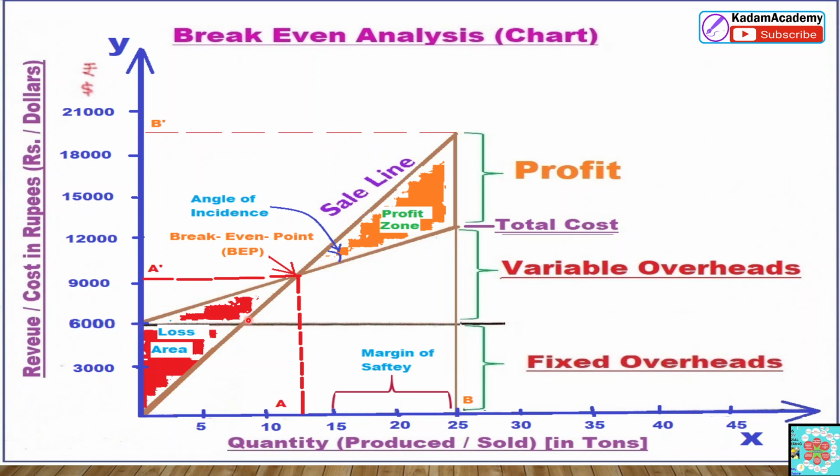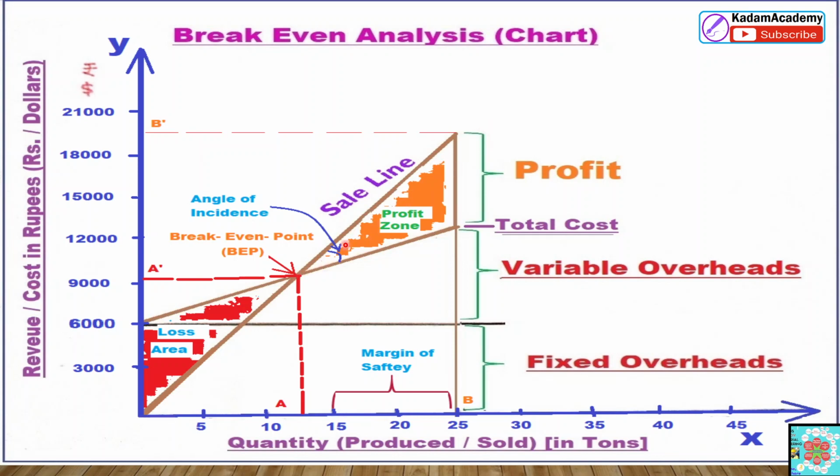We can draw the fixed cost line here, the variable cost, that is the total cost line here, and the sale line, which grows linearly, is drawn here.